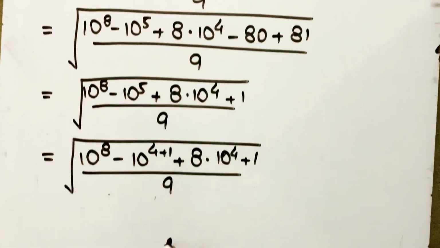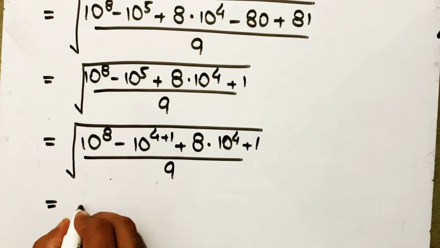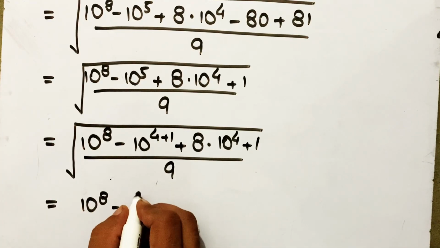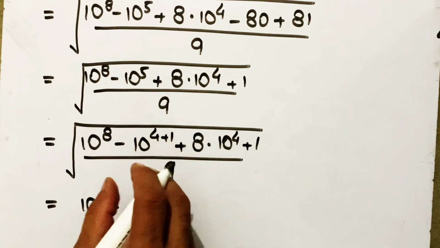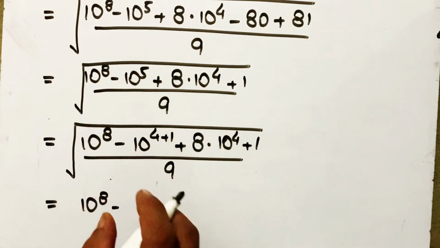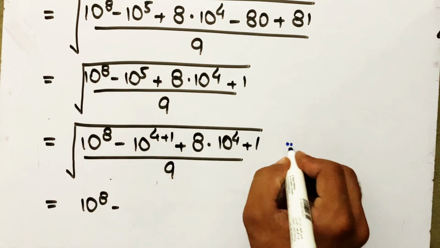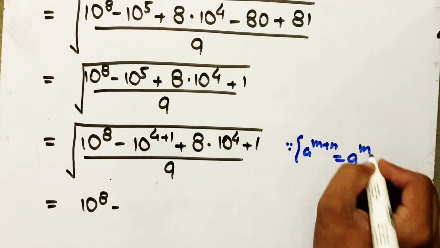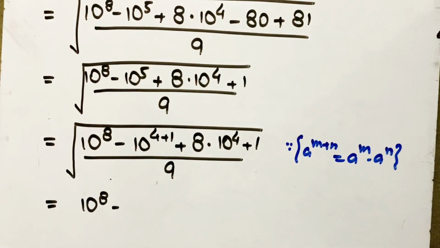By the product of power rule, a to the power of m plus n means a to the power of m times a to the power of n.